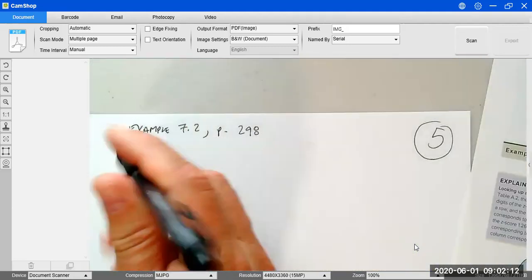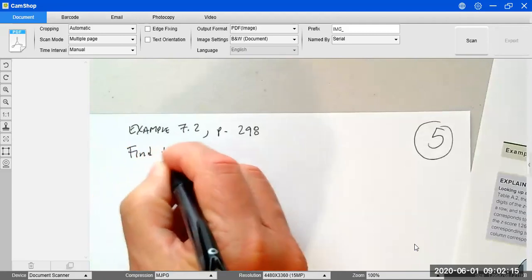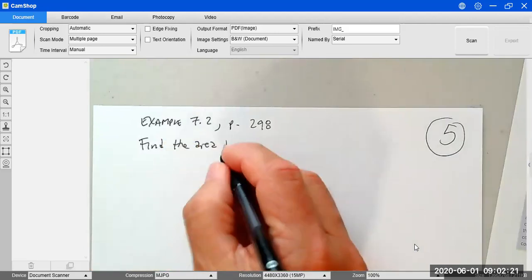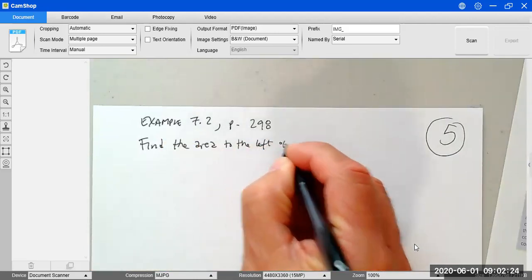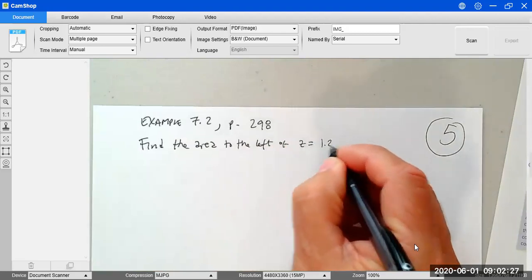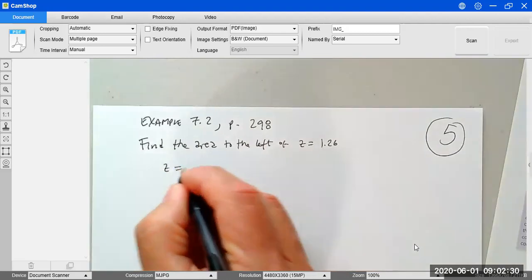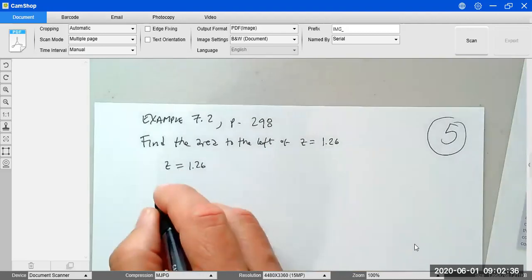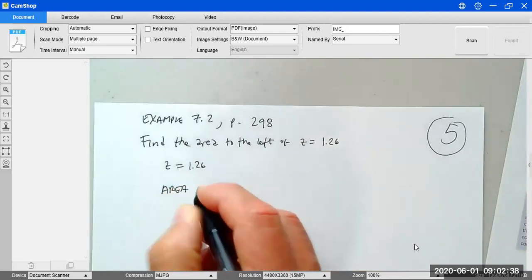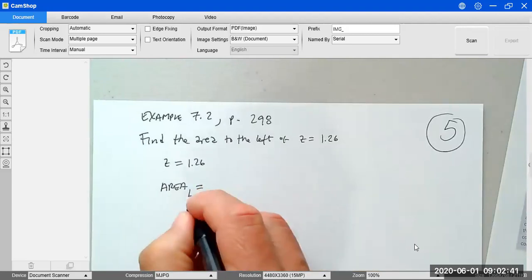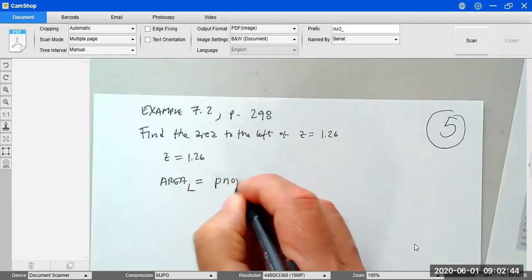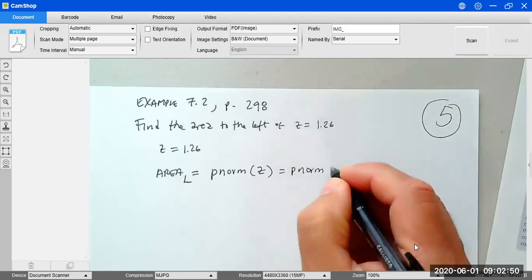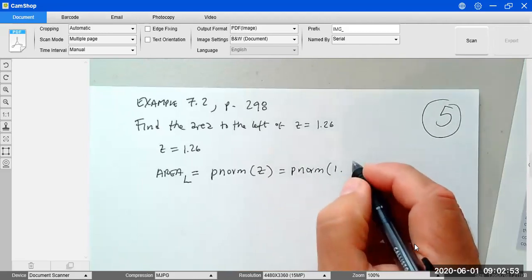So in this case, we need to find the area to the left of z equals 1.26. We learned that the area to the left is going to be just pnorm of z, so pnorm of 1.26.